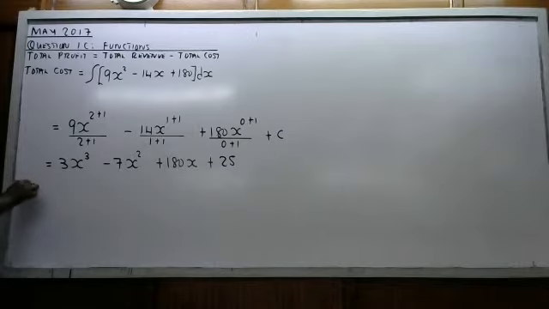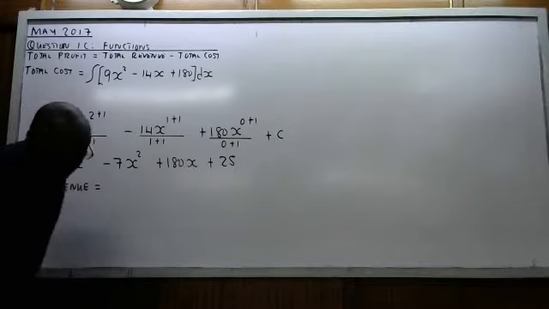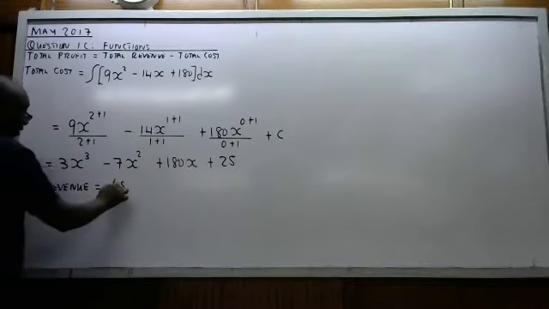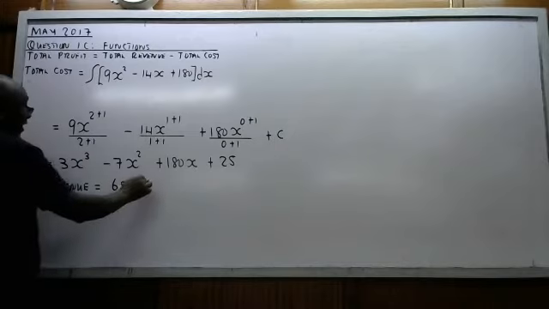Now we proceed to look for total revenue. You find that they have given you average revenue 650 minus 15x.